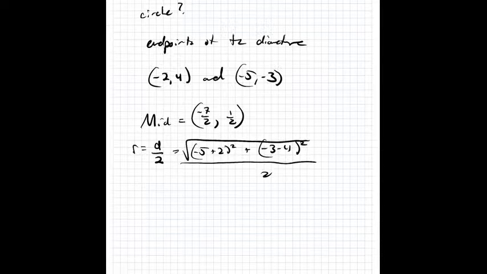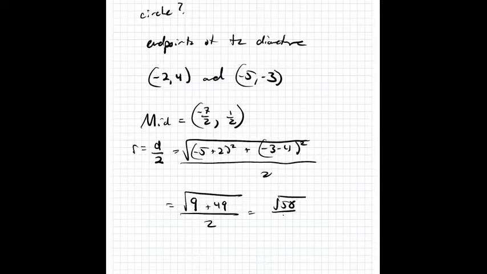It's going to be 9 plus 49 square root over 2. 59, so 58. 58 is what, 2 and 29? So nothing simplifies down. Let's see how they want the answer.